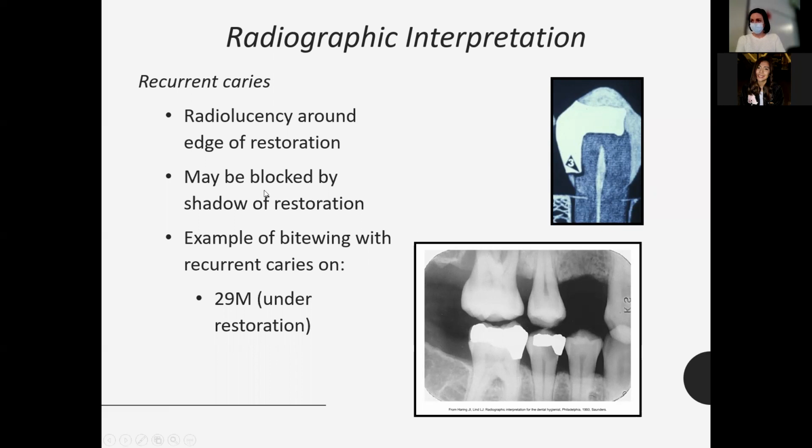It may be blocked by a shadow of the restoration, so you don't always see it. Many times dentists will remove old fillings and find decay that they didn't necessarily see on the x-ray, because large fillings can block a lot of stuff.